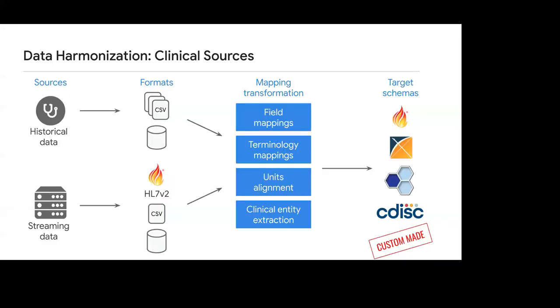So what I want to do is talk a bit about data harmonization and how you can get your data into FHIR. Typically when we look at clinical sources, there are a couple of different dimensions we need to think about. One is the historical data versus any incremental or streaming data.